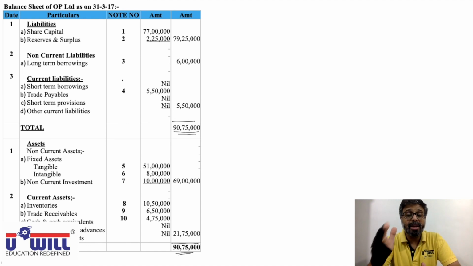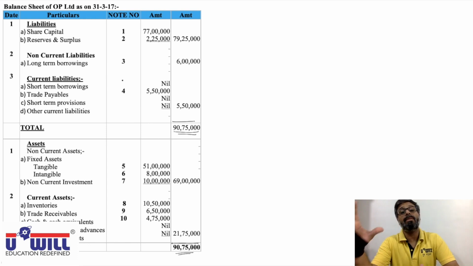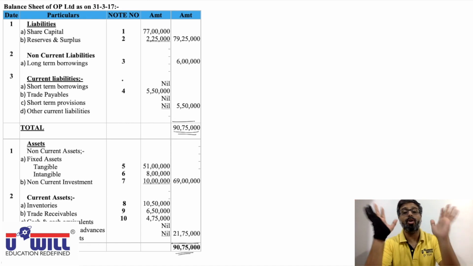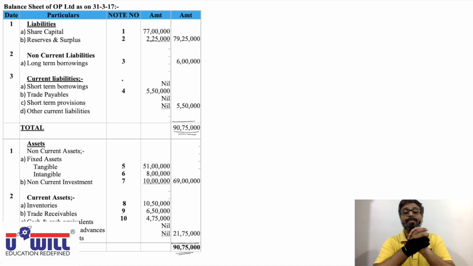Advisably, strictly, all of you must now try on your own the entries in the books of O Limited and 4 ledger accounts: realization account, equity shareholders account, transferee company OP Limited account, and equity shares of OP Limited account, and same in the books of P Limited also. All the journal entries and realization, equity shareholders, OP Limited, and equity shares of OP Limited. This you must try on your own for this particular question.